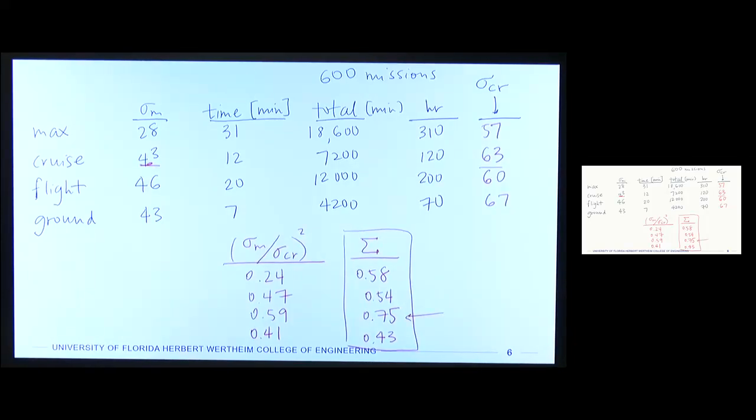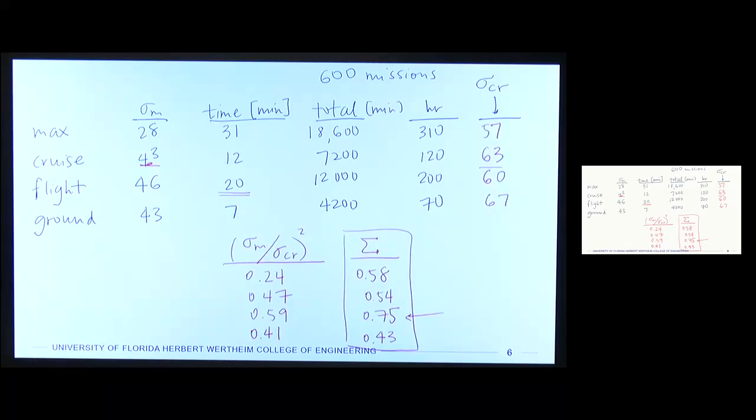And so the highest one is actually the third one. And that's because it has a pretty long amount of time and less of a contribution from the fatigue portion, right? So it's only at 0.75.